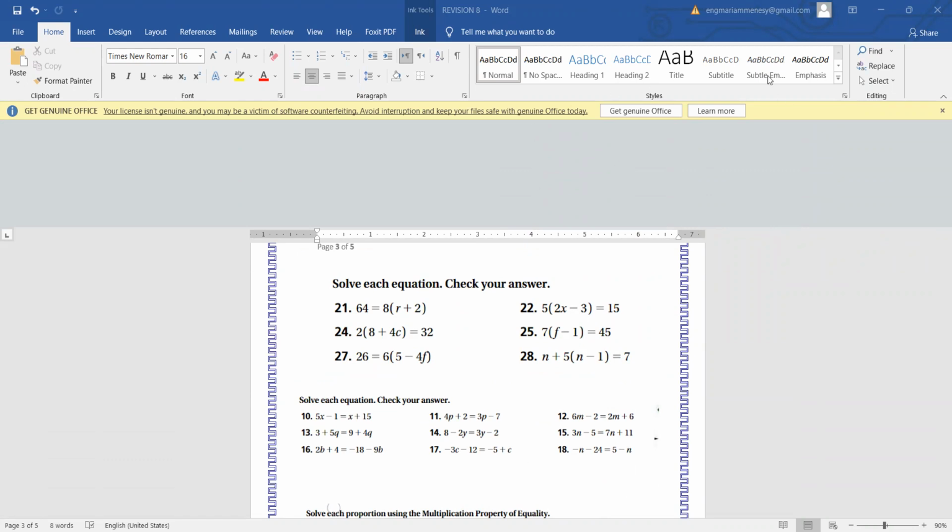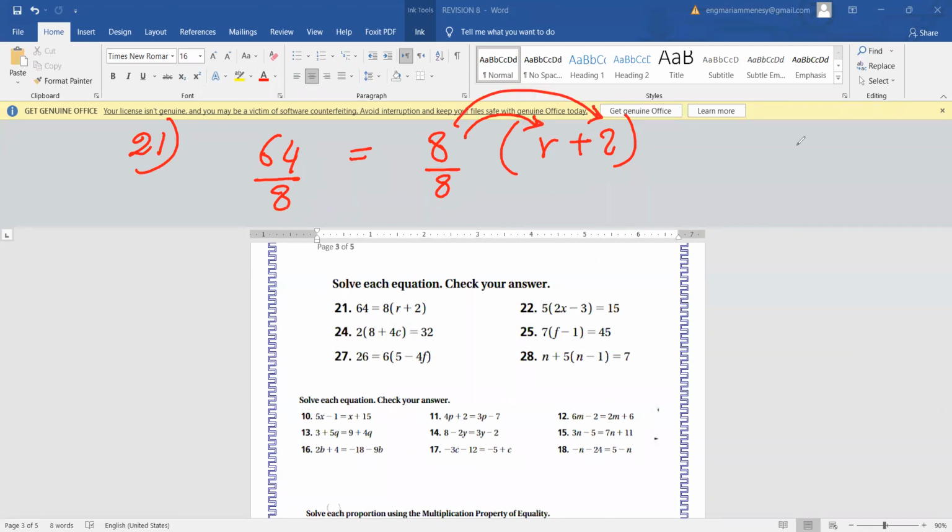Here I'll solve number 21: 64 equals 8(r plus 2). Okay? I can divide by 8 on both sides. Which is better, my dear? Divide by 8, or multiply 8 here and multiply 8 here? We have two solutions, my dear. First, remove this by division on both sides.